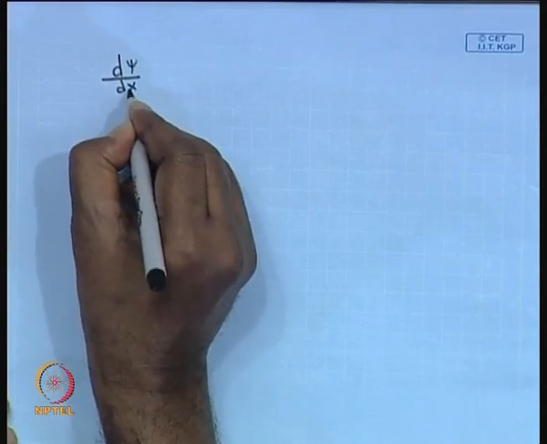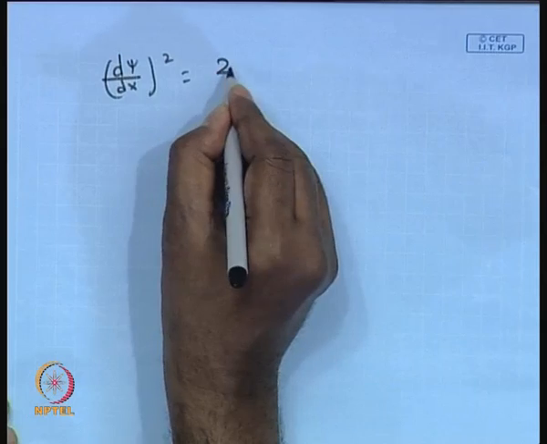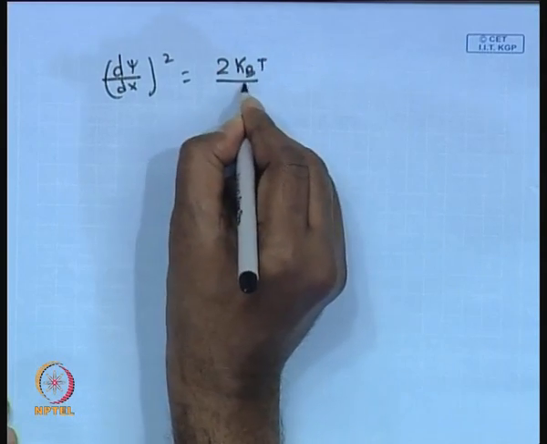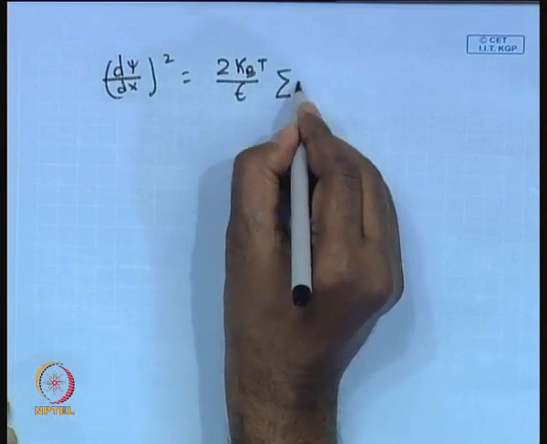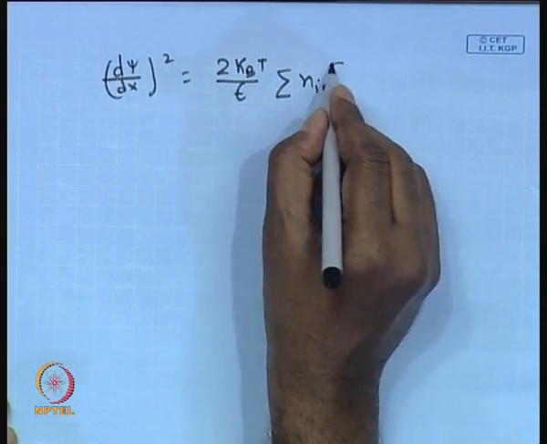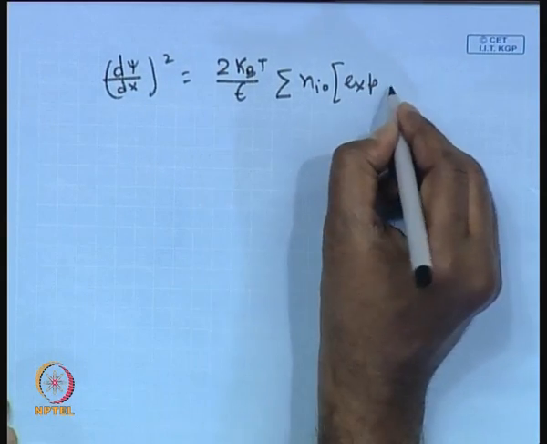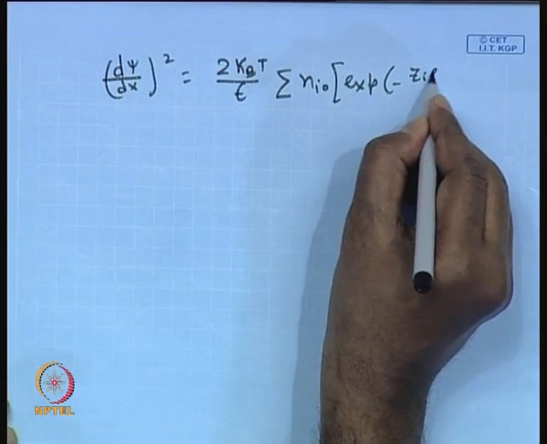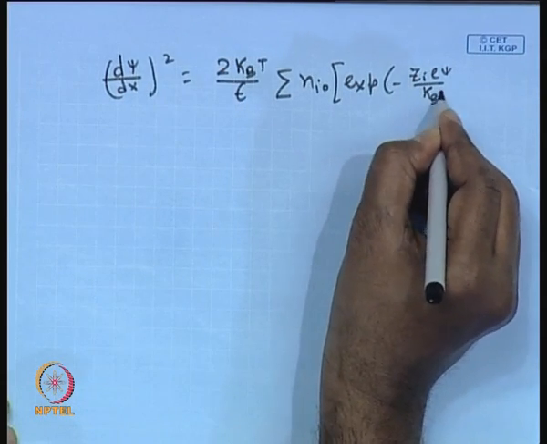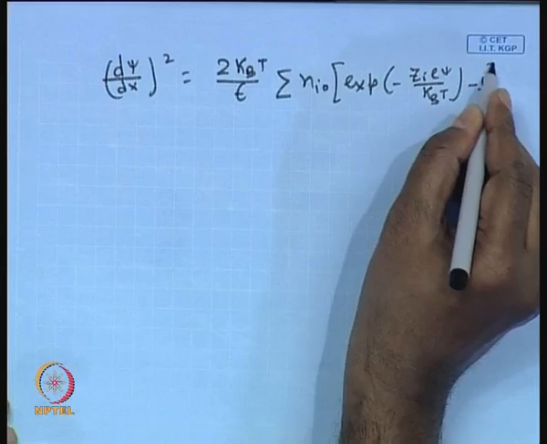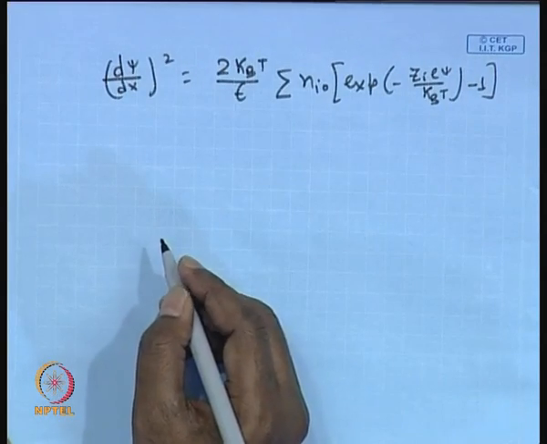d psi dx whole square will be 2 k b t divided by epsilon summation of n I naught exponential minus z I e psi over k b t minus 1. Okay.